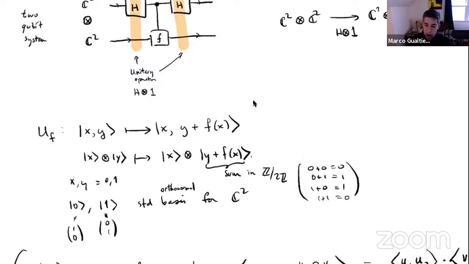So I'm basically telling you that this unit vector gets sent to this unit vector. So this is a transformation that takes unit vectors to unit vectors, and it's a bijection on the orthonormal basis. This means that we get a unitary operator.